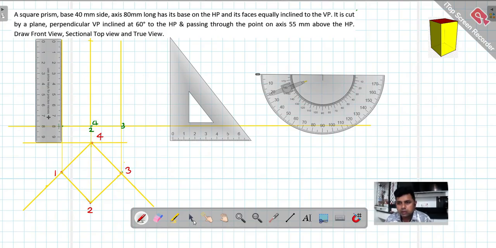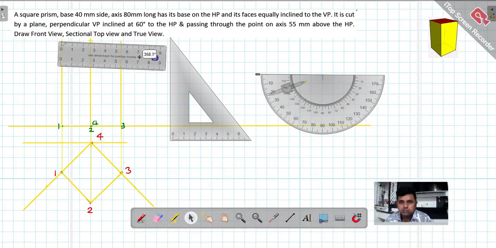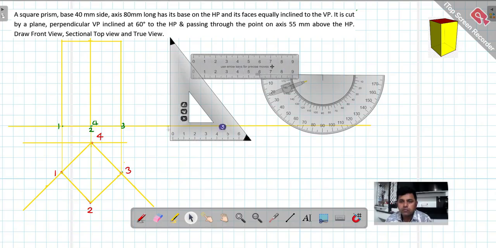Again, with the help of the scale, I'm connecting all the tops. So this is something which will be visible. So 1, 2, 3, 4, 1, 2, 3, 4 we marked. Now, there is a condition given. What condition is given? 55 mm above, 60 degree to HP.